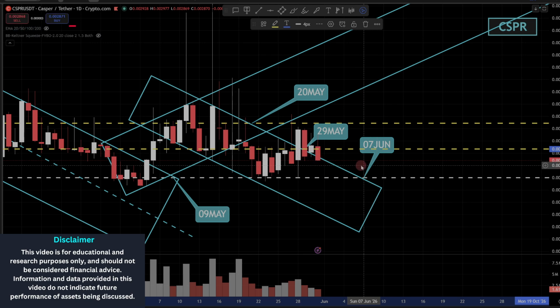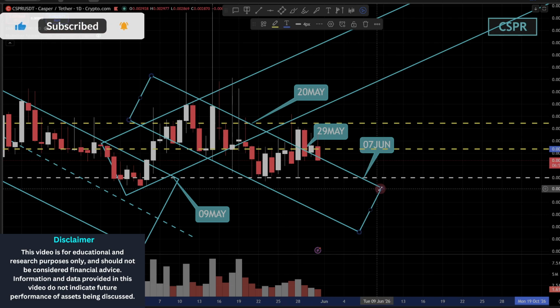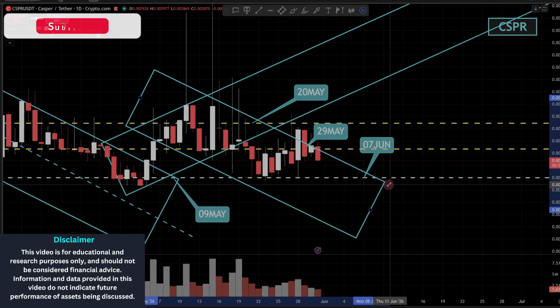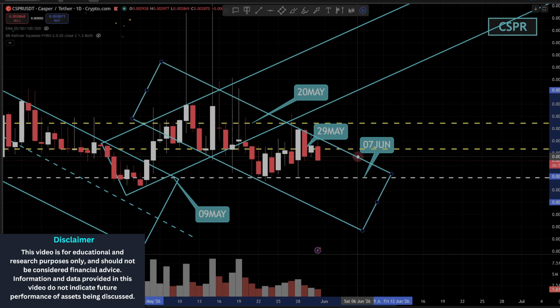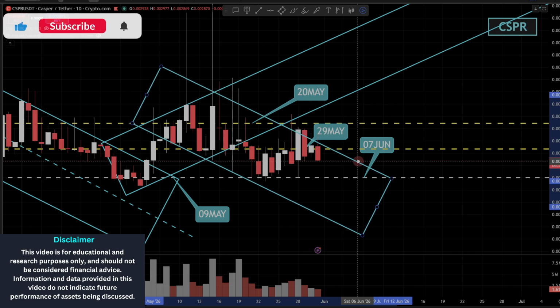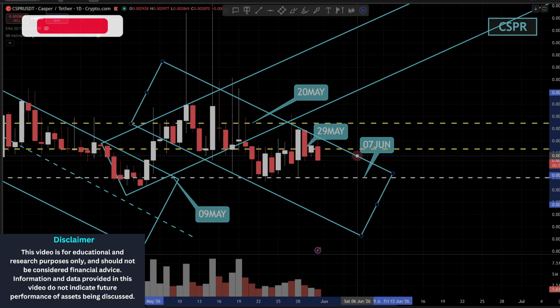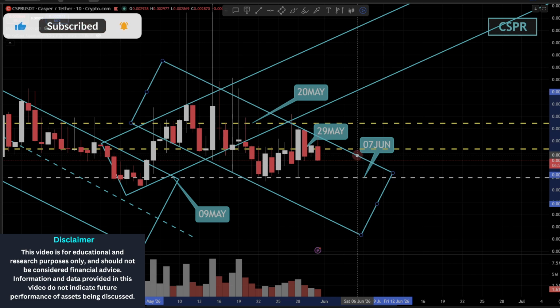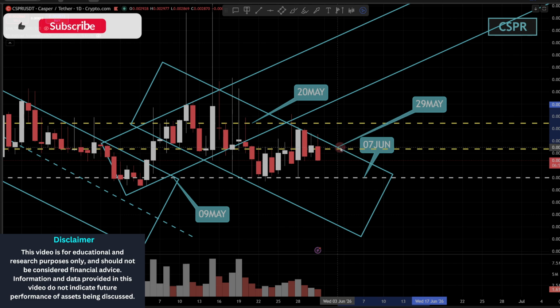So if we were to expand this box over here, this parallel channel, let's enclose the two candles that we had. Okay, the date we have already talked about, we can push it to the right.